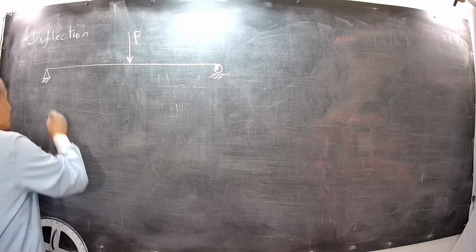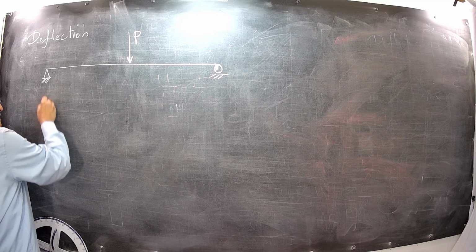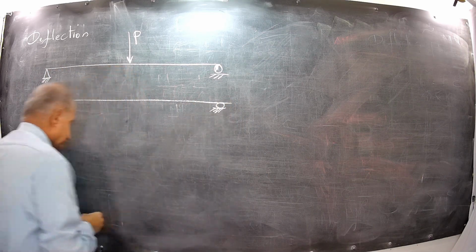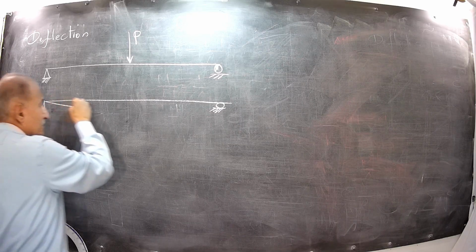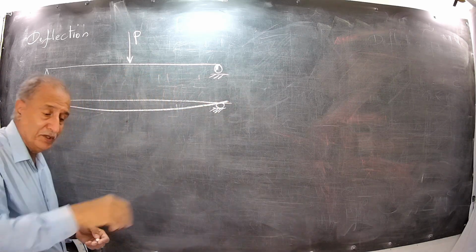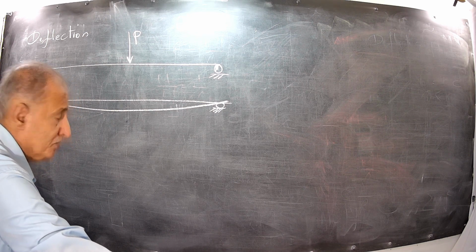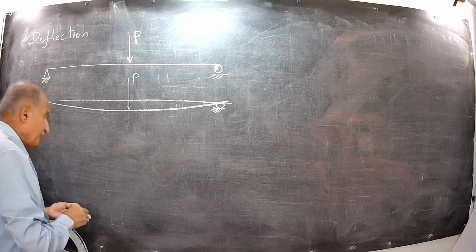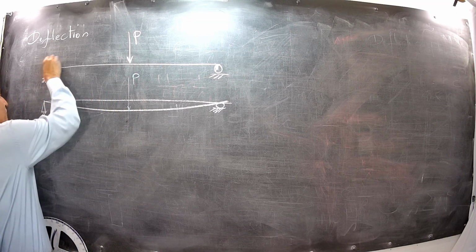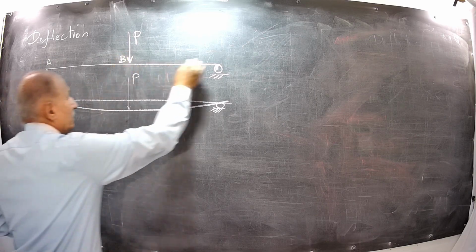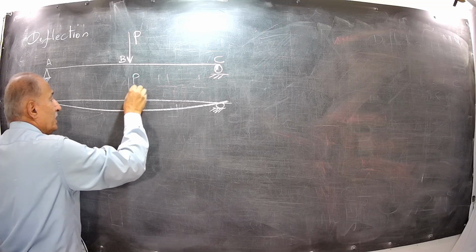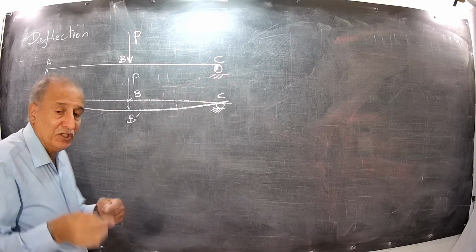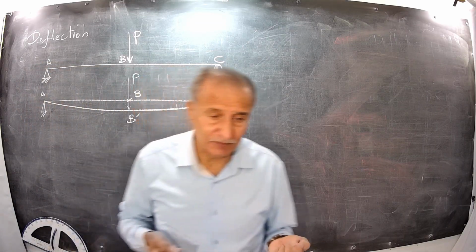Under load, the beam deflects, and the shape of deflections, I make it exaggerated to have a space, that's a load P. If I go to point A, point B, point C, B changes its place and comes to B prime. A and C don't change because they are on the supports.